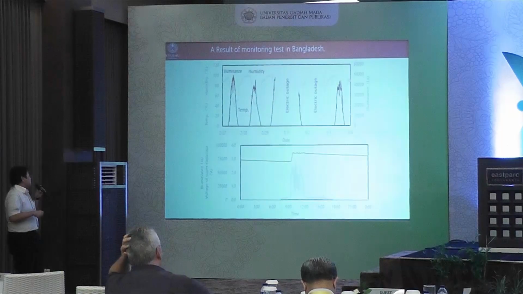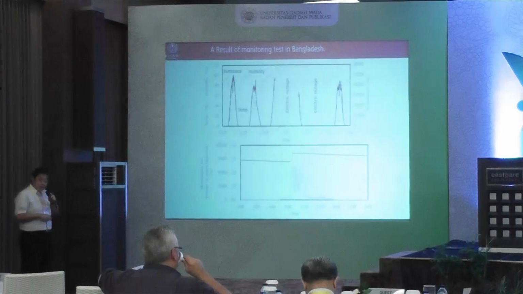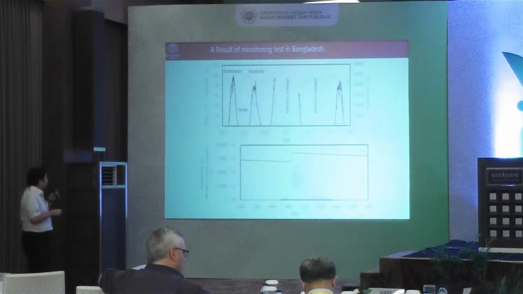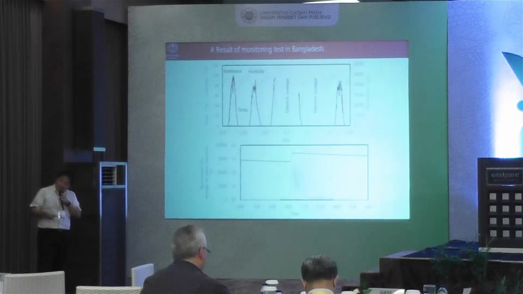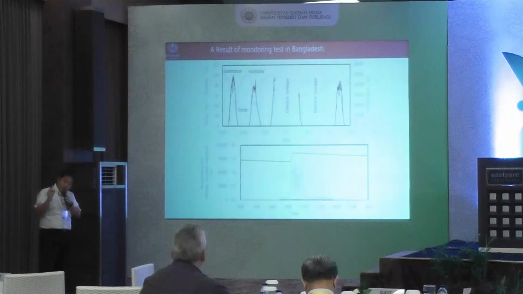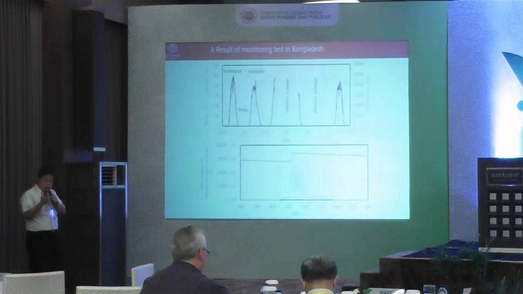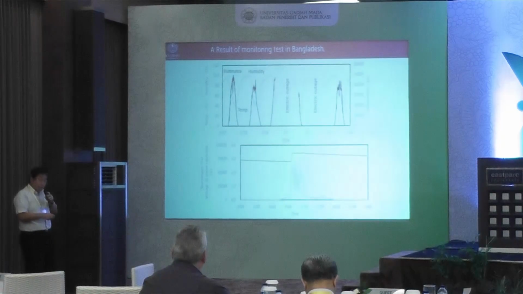This is one example, so you can catch the information, but one big problem is electric outage. Bangladesh frequently has this. So we have to install a battery system in the main gateway. In that case, it's okay, no problem.